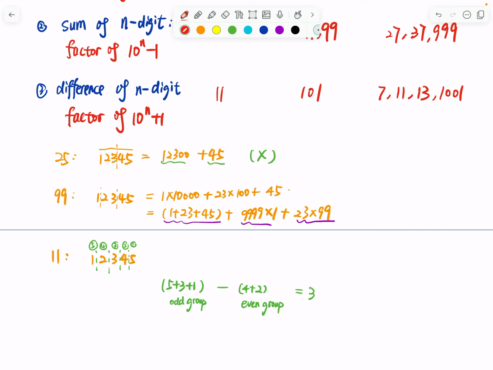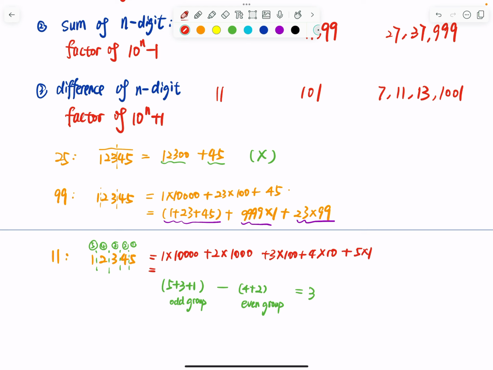Why? You can use the same method, the place value principle, to separate. It will become 1 times 10,000 plus 2 times 1,000 plus 3 times 100 plus 4 times 10 plus 5 times 1.